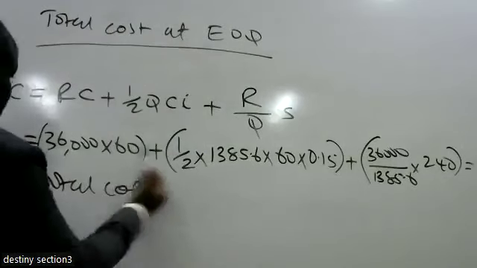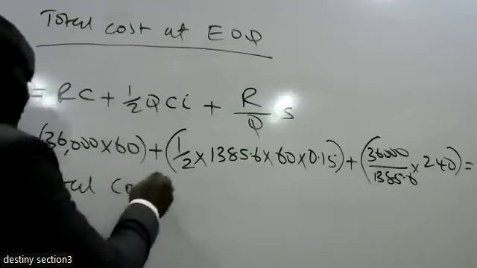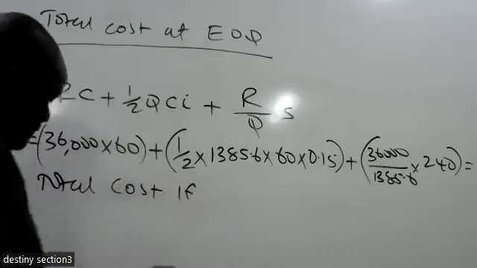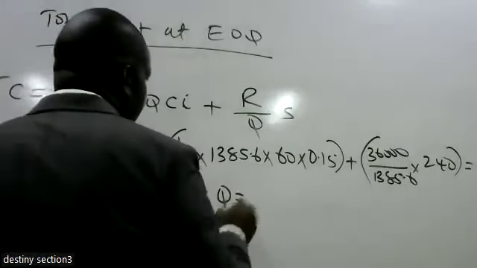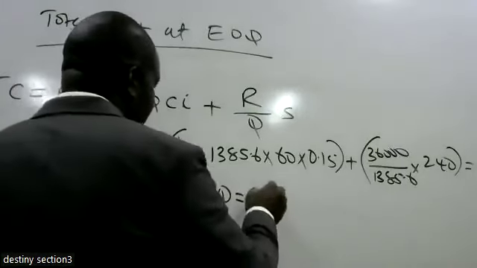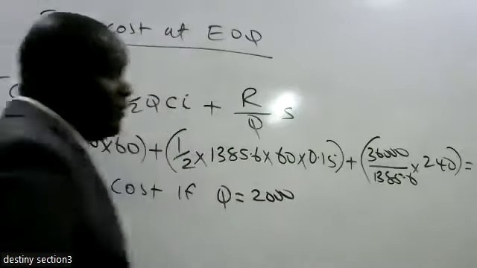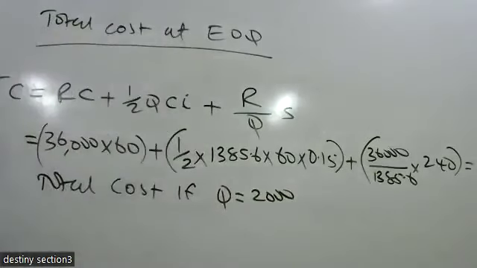Total cost if Q is 2,000. You see what they have given me if an order is 2,000 units. So when the order is 2,000 units, they have given you a discount of what percent? 5%.